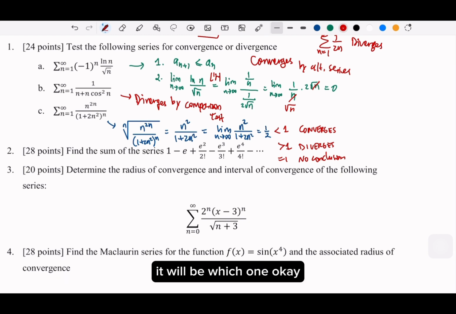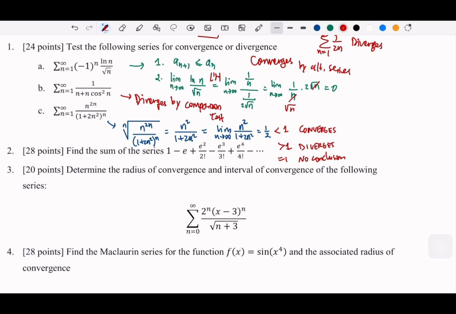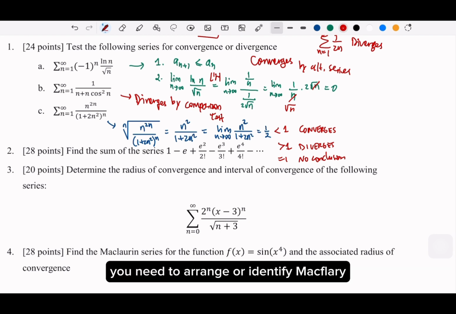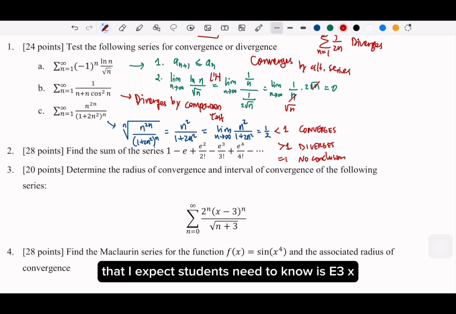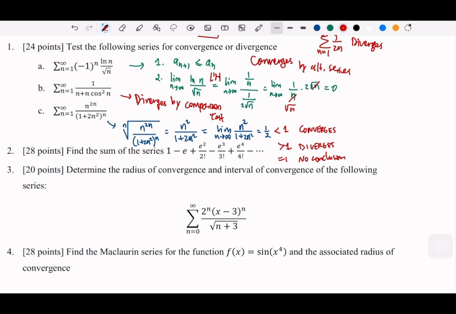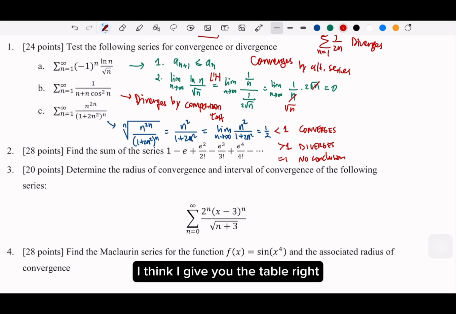So you need to arrange or identify the Maclaurin series. Several Maclaurin series that I expect students to know are e to the x, 1 over 1 minus x, sine x, cosine x, tan inverse x, ln 1 plus x. Okay, I think I give you the table, right?